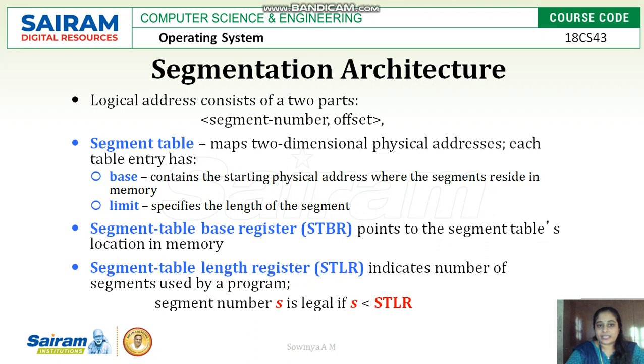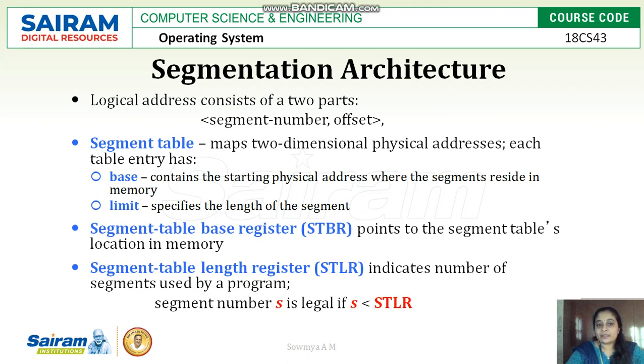Segment table contains the map to the two-dimensional physical address. Each table entry consists of base and limit. Base is the starting physical address of each residing segment and limit is the length of the segment. Addition of base and limit will give the end address of the segment.